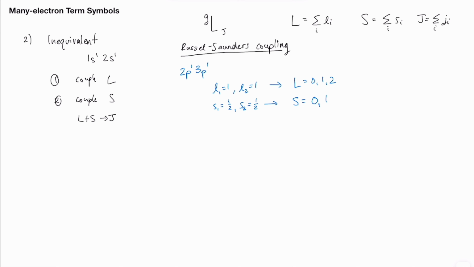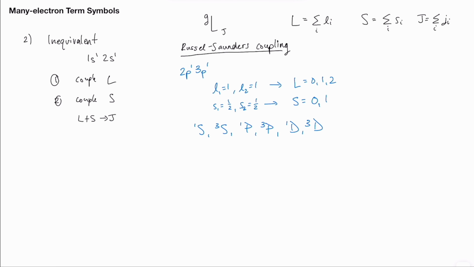So now we can have every possible combination of these as term symbols. If we go through it, that means we can have a singlet S, a triplet S, a singlet P, a triplet P, a singlet D, and a triplet D. Okay, so there are 6 base term symbols.